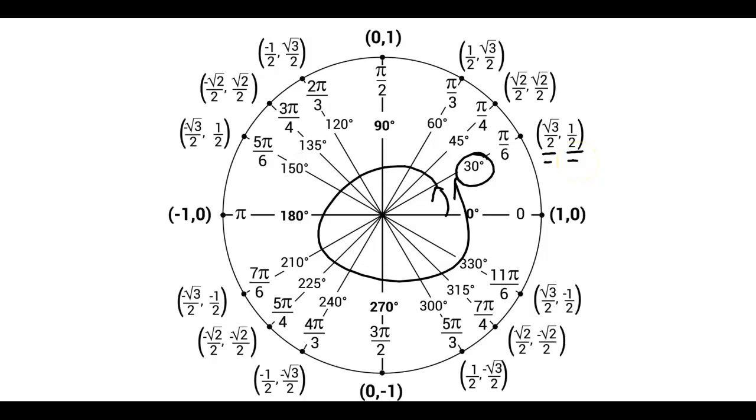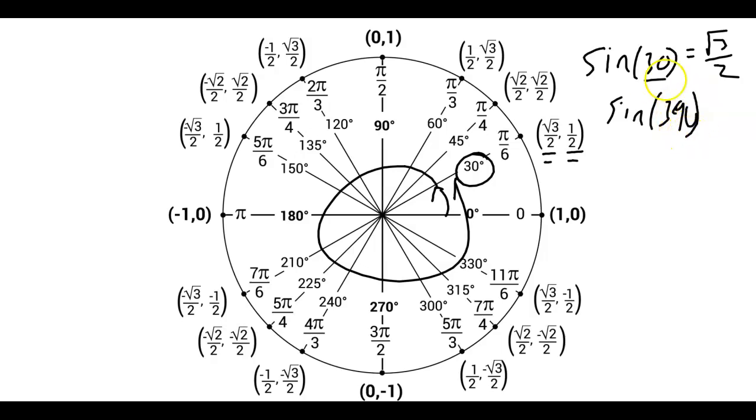So technically, if I were to say sine of 30 equals radical 3 over 2, well, so does sine of 30 plus 360, which is 390. That's a coterminal angle. If I add 360 to this, I get the same angle again. So it's like going all the way back around. And so that's also equal to, I put the wrong answer. This is supposed to be a half.